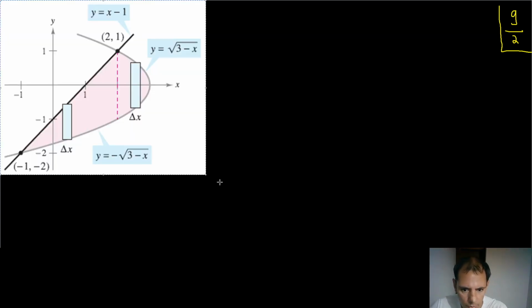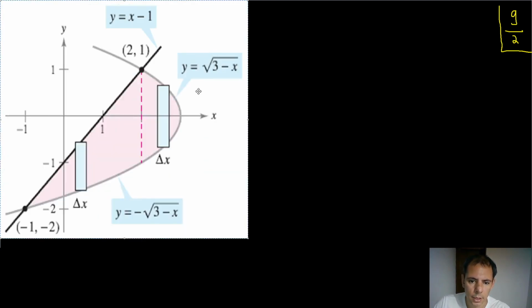Oh yeah, there's something even more complicated that I want to show you, which is what I was saying. It's the plus or minus square root of 3 minus x. See, this graph right here is going to be y is equal to this. And this graph right here is going to be the minus y. So if you integrate, you can keep going.